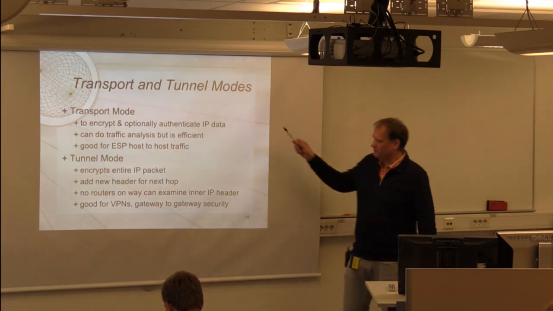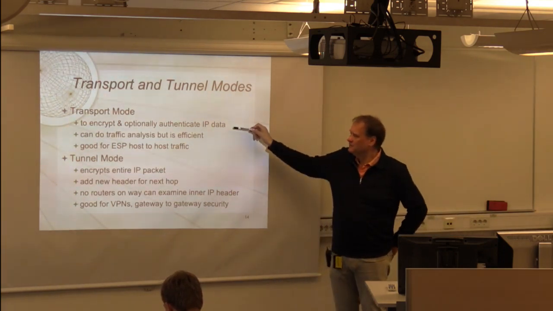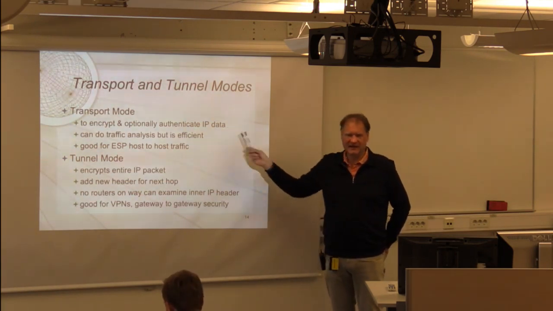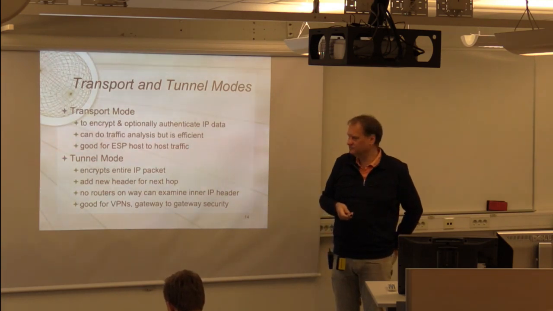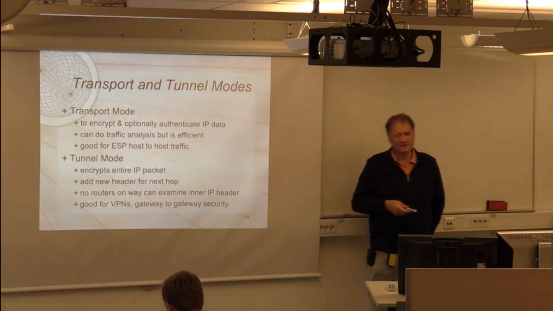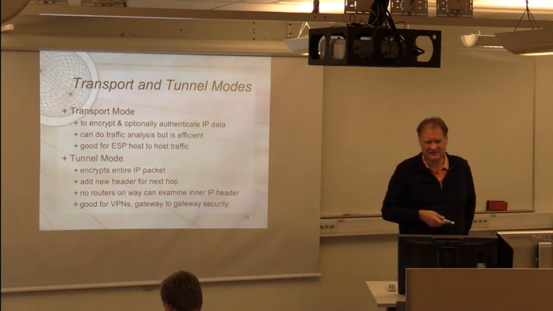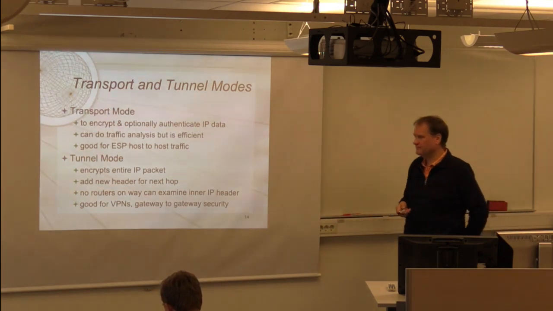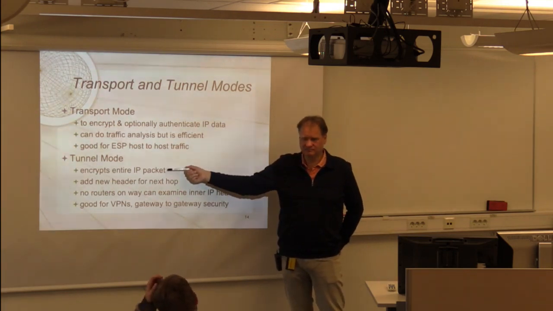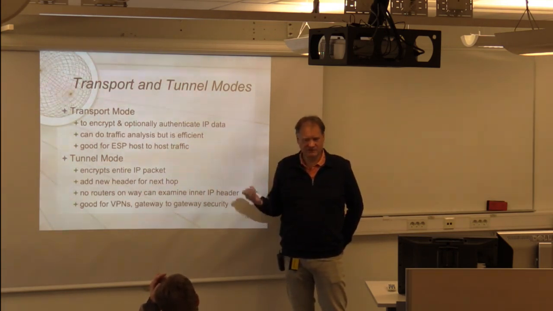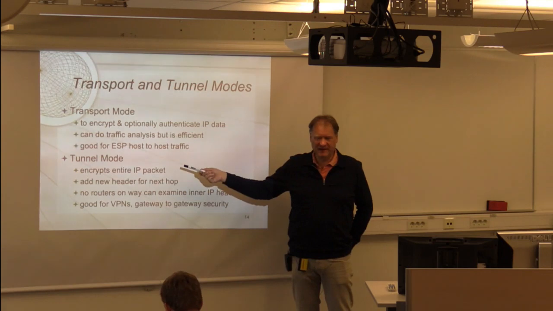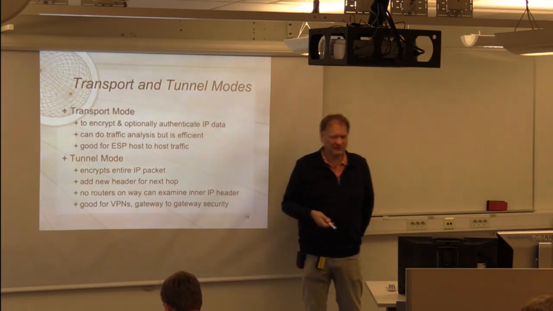As you see, in transport mode, we encrypt and optionally authenticate IP data, the payload of an IP packet, but we don't protect the header. In tunnel mode, we encrypt the entire IP packet, so even the header, which means that we also protect the header. And to be able to deliver the packet, we have to encapsulate it, put it into a new IP packet with a new header.